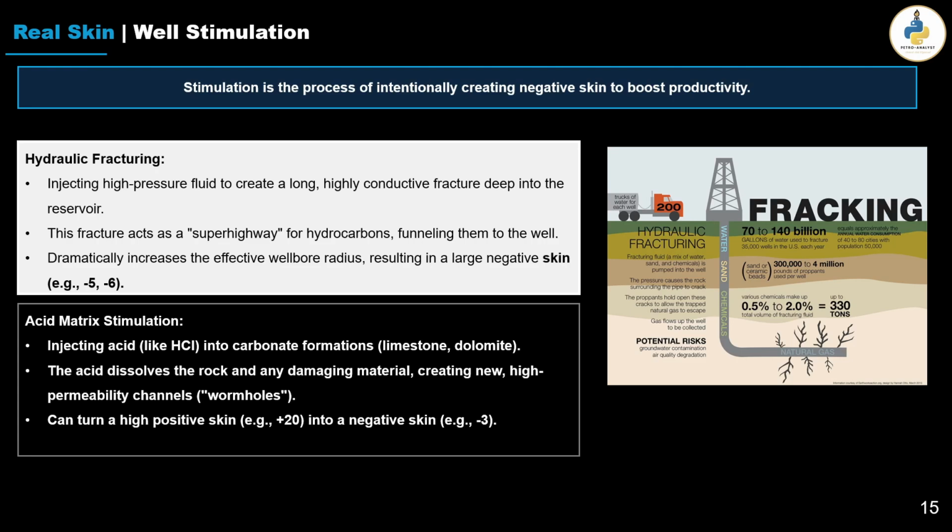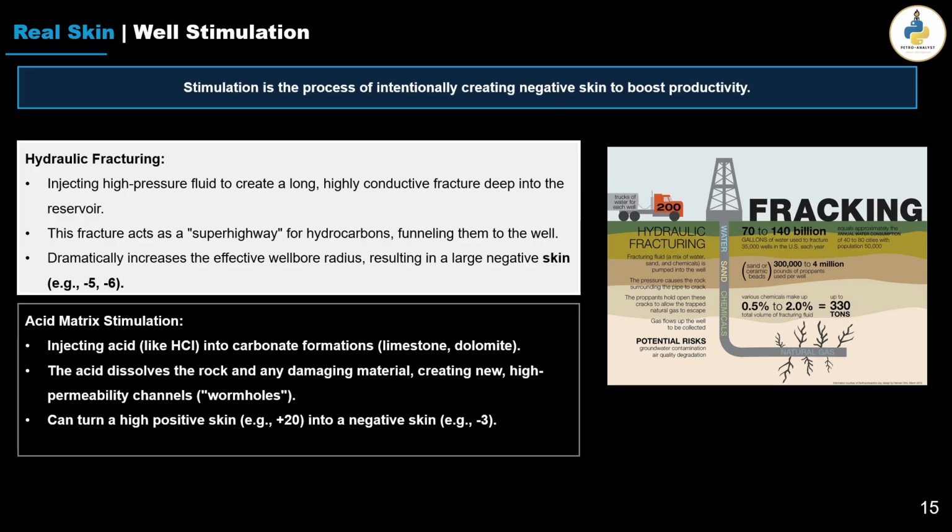And the real skin can actually cause enhancement in the reservoir. We talked about the positive skin cases that cause damage to the reservoir, but now we will talk about cases that can cause enhancement or stimulation for the well.